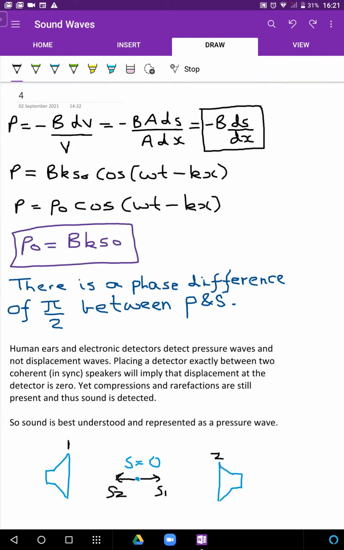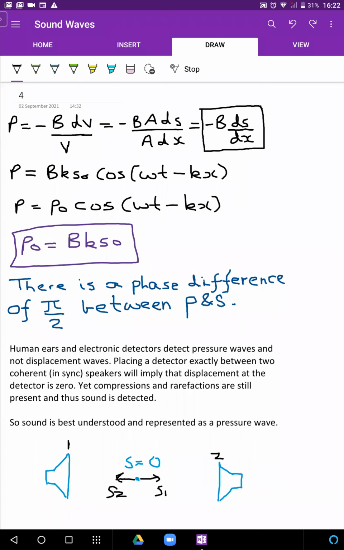Accordingly, I feel the compression will cause the eardrum to move in, the rarefaction will cause the eardrum to move out, and them coming at a fast rate will cause the eardrum to vibrate at the same frequency as the incoming sound wave.